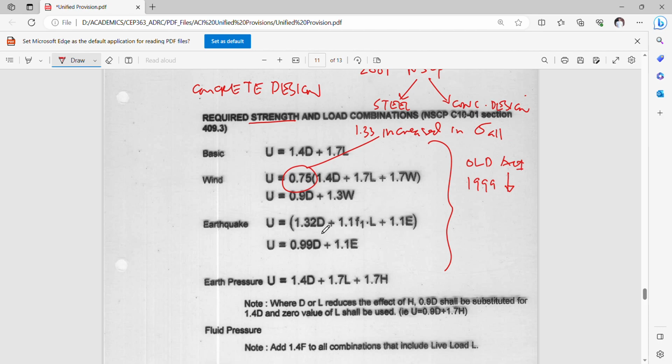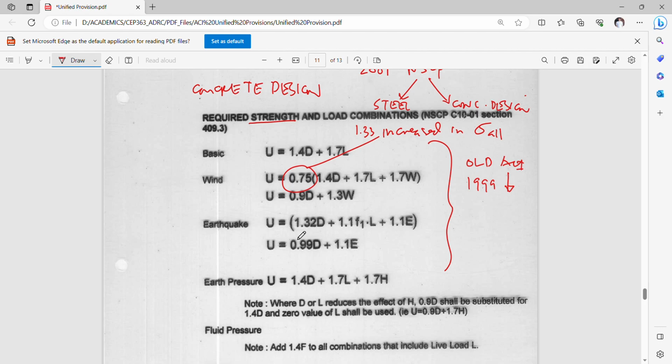And then here, what happened is if I multiply 0.75 with this, I will get basically 1.32, I think.